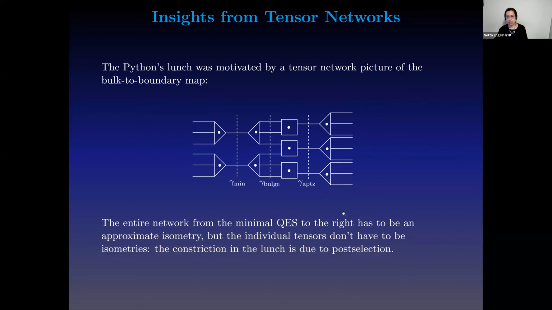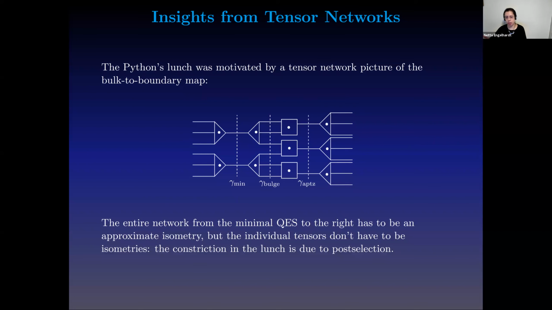Now, this is true here, but this is not true every step of the way. We have these tensors where you start out with two legs and they go to one. Essentially that means that if you want to go from here to here, you have to search for the right state.